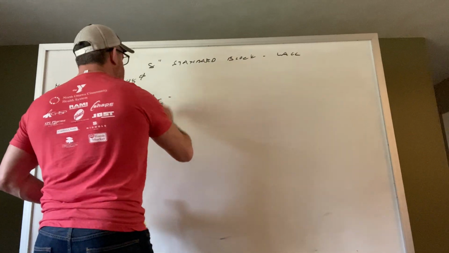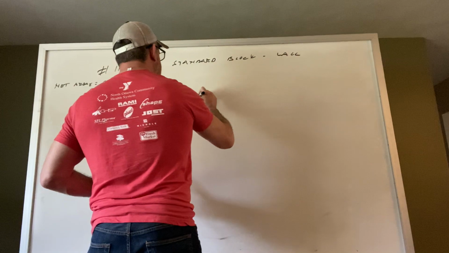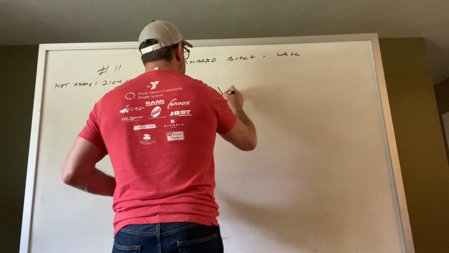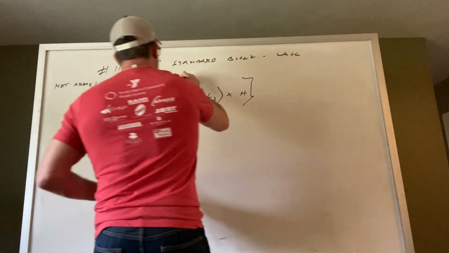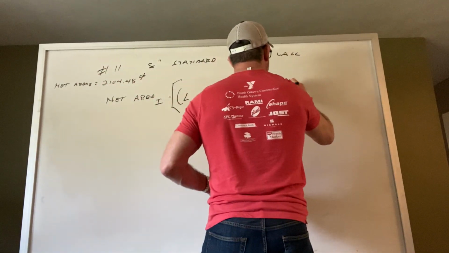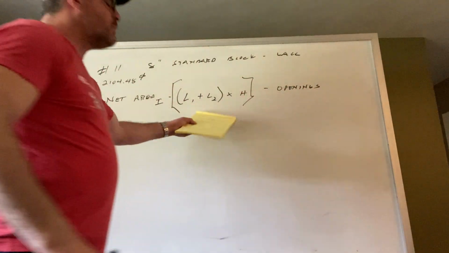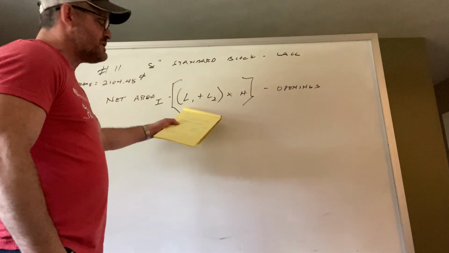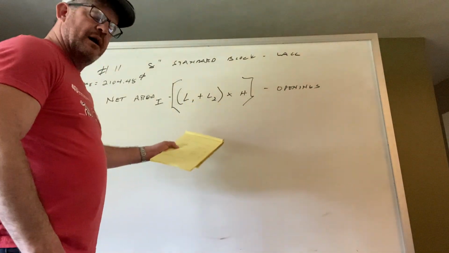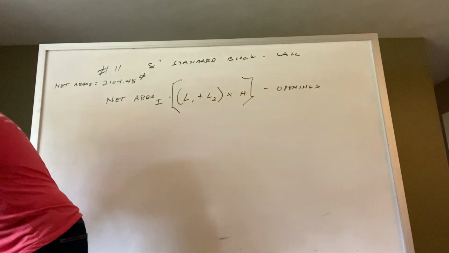So net area interior, if we remember back just a couple steps ago, equals length 1 plus length 2 times my height, minus my openings. Okay, so length 1 plus length 2, already solved for that.